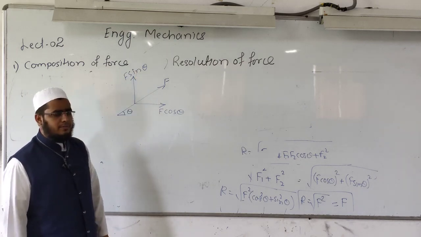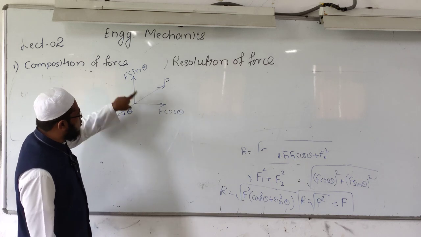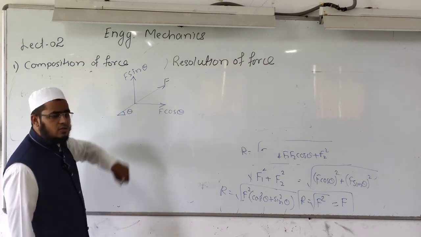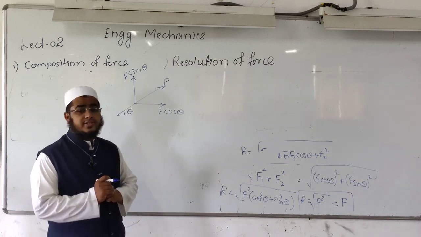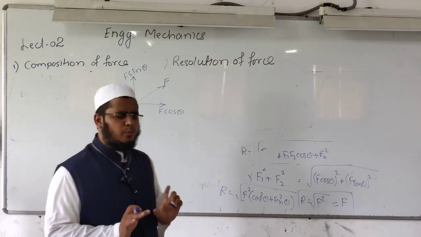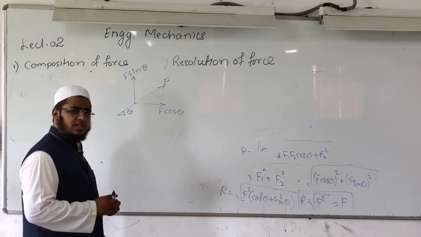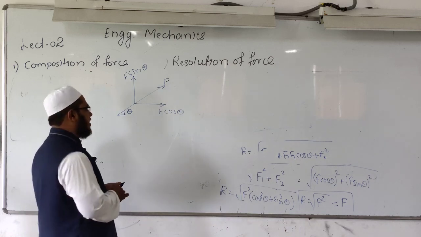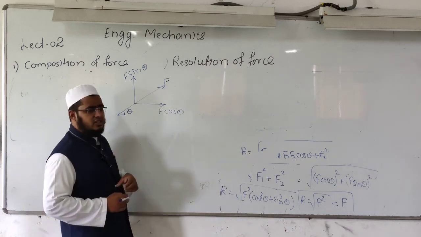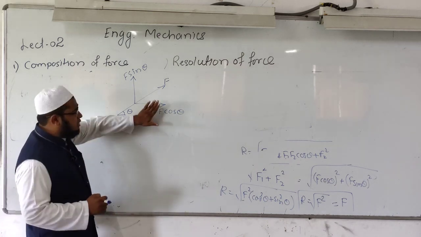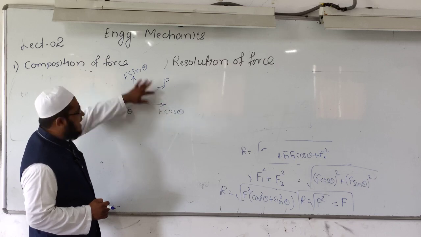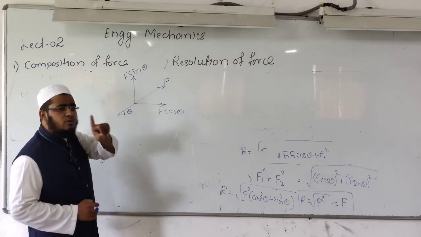It is the magnitude part, and the direction of these two components depends on the quadrant in which the force is acting. This is a very important point, because force is a vector quantity, and for a vector quantity we require magnitude as well as direction. So why is it rightward, why not leftward? It is rightward because the force F is in the first quadrant.